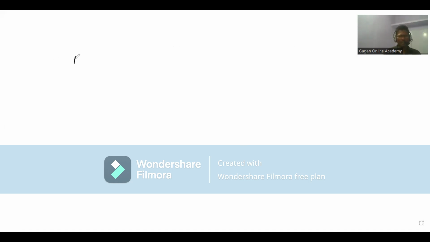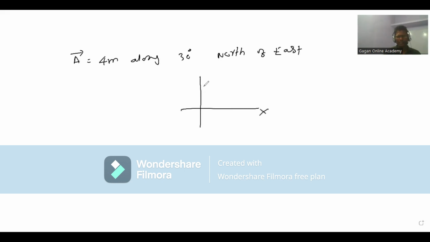Another vector, say vector A, 4 meter along 30 degrees north of east. For this, I am drawing this x-axis, y-axis. This is east, this is west, and this is north and south. Whenever you are given north of east, east is the reference point.